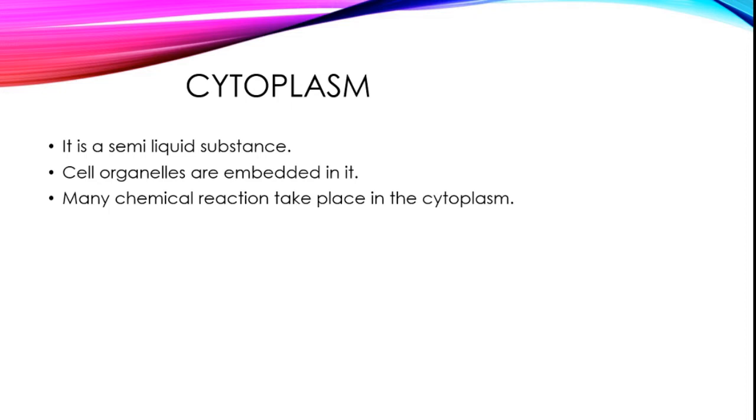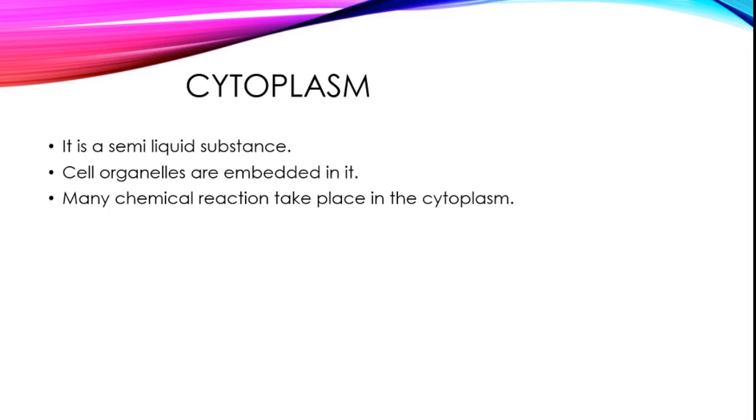Take the example of mitochondria, which is called the powerhouse of the cell. Why? Because it helps in producing energy, and whatever chemical activity occurs in the mitochondria is in the cytoplasm. Therefore we say many chemical reactions take place in the cytoplasm.